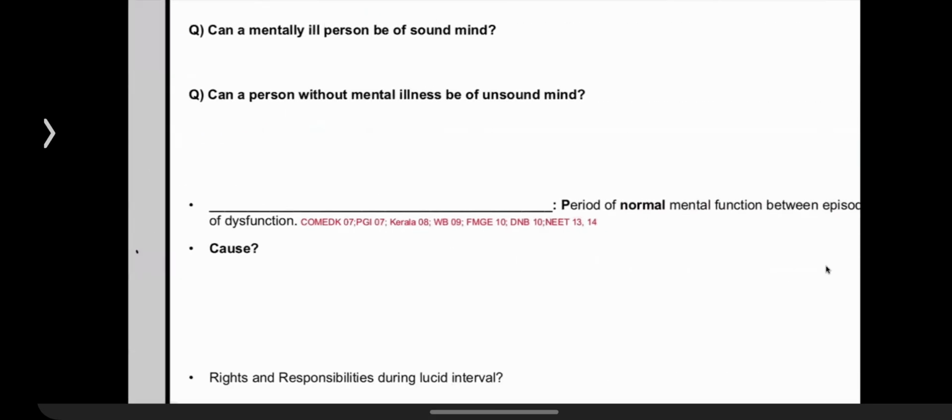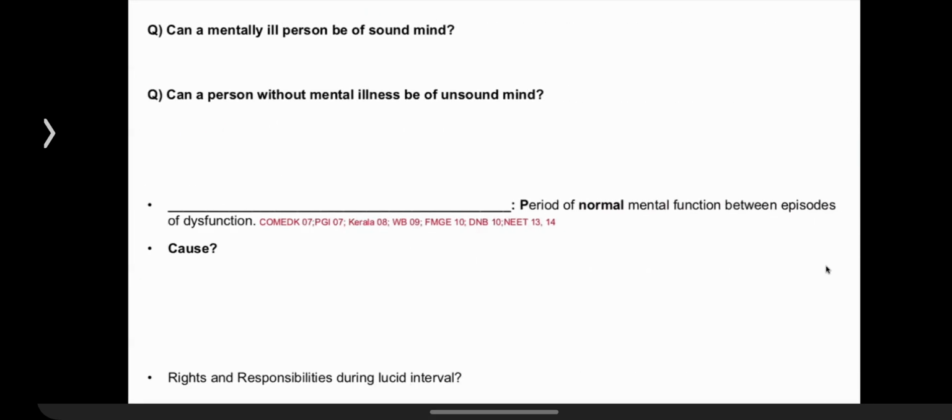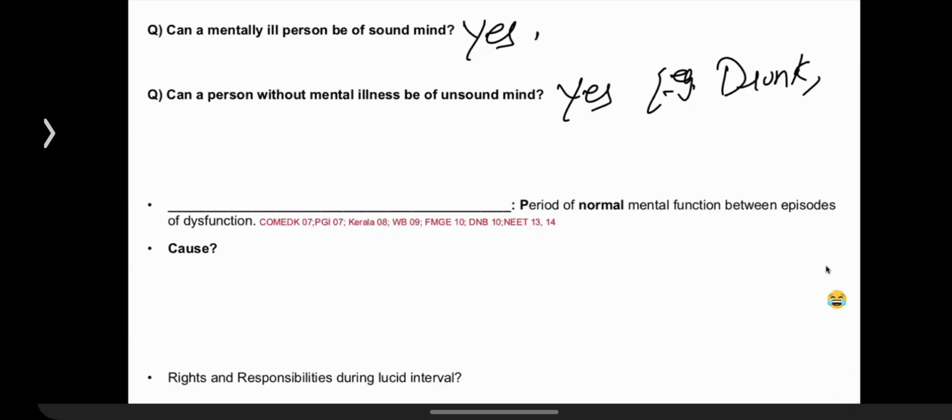Can a mentally ill person be of sound mind? Yes, if the mental illness is mild. Can a person without mental illness be of unsound mind? Yes, for example, a drunk person or electrolyte imbalance, etc.